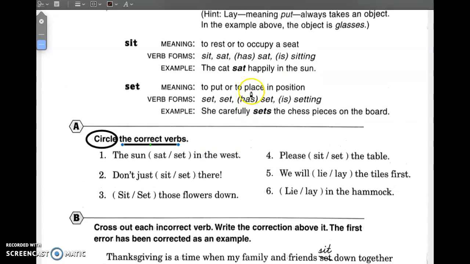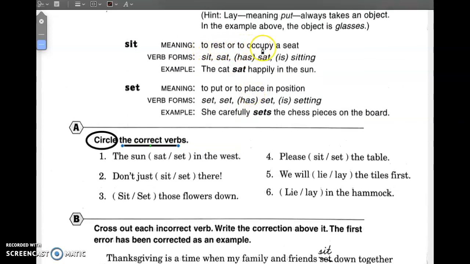However, it is also not resting or occupying a spot. It itself is being put into place on the other side of the horizon. That's why the answer is set here, because it's finding a place somewhere. The sun set in the west. It's not resting and it's not occupying any seats. It's going into a different position.